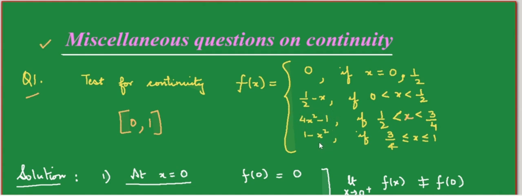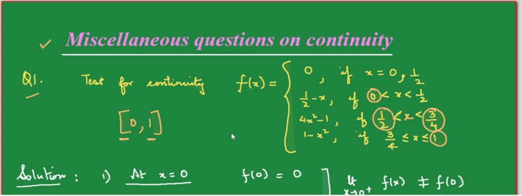Similarly in this branch it's continuous, but wherever there is a change happening, at 3/4, at 1/2, at 0, and at the last endpoint 1, we need to check the definition of the function for continuity by testing the ab initio definition.